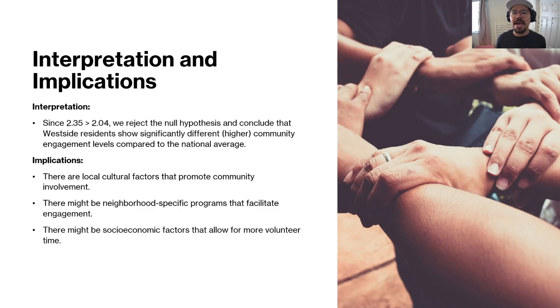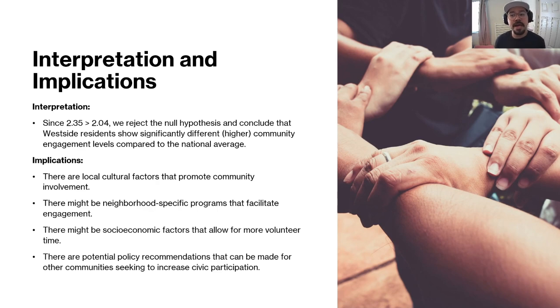A community that has higher levels of socioeconomic status, which means there's more money, more affluence in an area, may have more time to spend on community related activities. On the flip side, we could also think that maybe a community of a lower socioeconomic status is more likely to be engaged in community involvement because there's a higher reliance in terms of resources and support in other areas, right? So there's different ways that we can think about the implications.